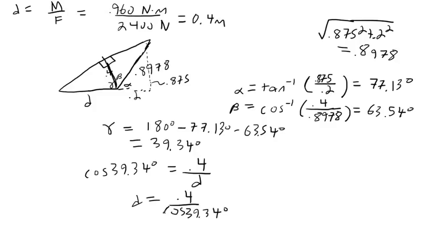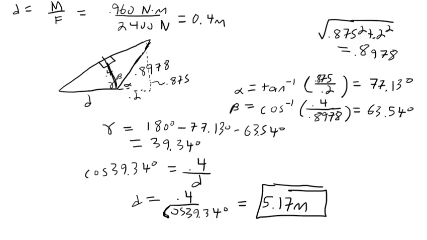And that comes to 4 divided by the cosine of 39.34. And I get 5.17 meters. This is probably the best way to do this problem, rather than messing with a really complicated quadratic formula and doing algebra for days.